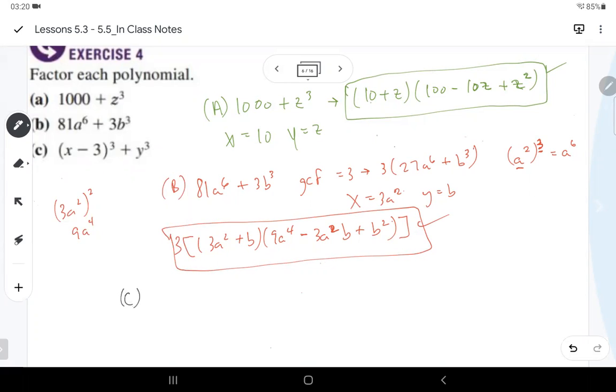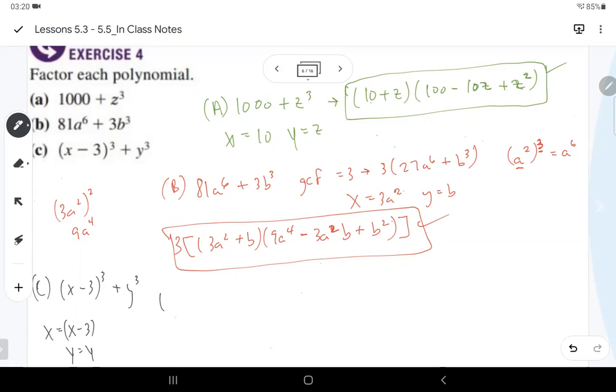All right, C. C is a little bit different because we are going to have to do some extra steps. So I hope I have enough room. Let me move over in case we end up needing to use the whole space. So we have x minus 3 cubed plus y cubed. So our x is actually going to be the binomial x minus 3, and y is just y.